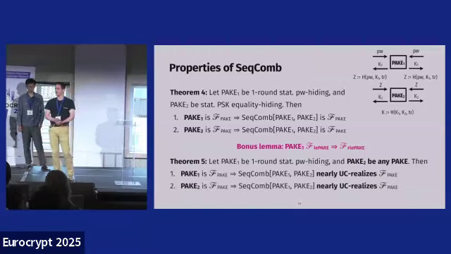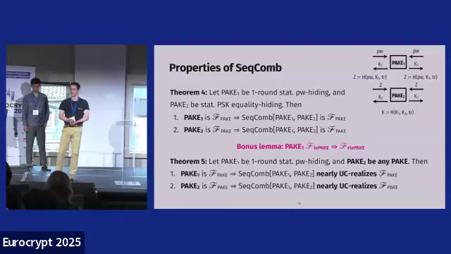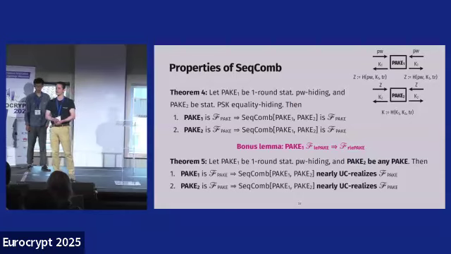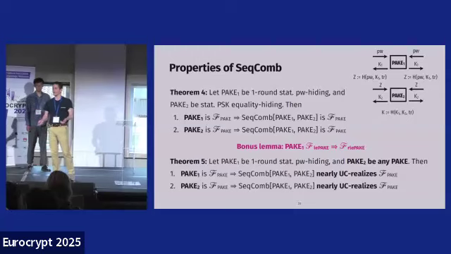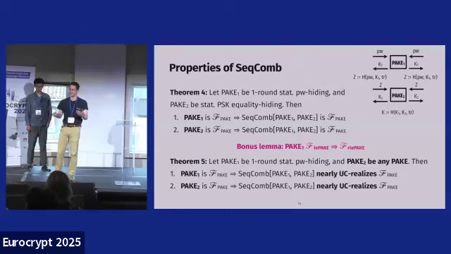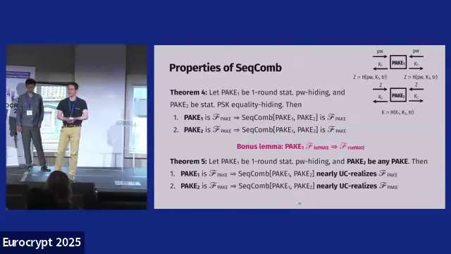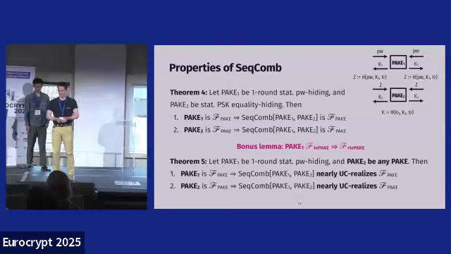Also, if you simply change the setting a little bit, you can remove the statistical PSK equality hiding entirely. That is, if you just say that adversaries will never make PAKE 1 fail, then you don't have to consider the case where PAKE 1 fails, right? There's no leakage anymore. So you can make this disappear, and it doesn't necessarily get you the full universal composability theorem, but it is a nice relaxation of this.